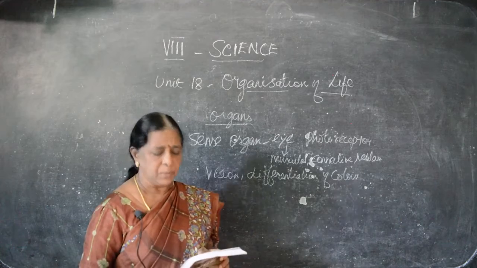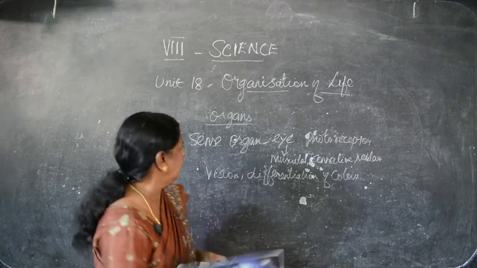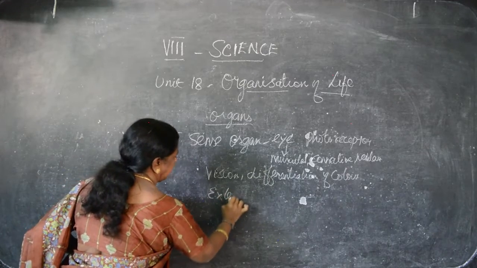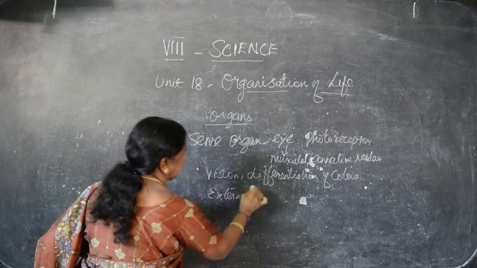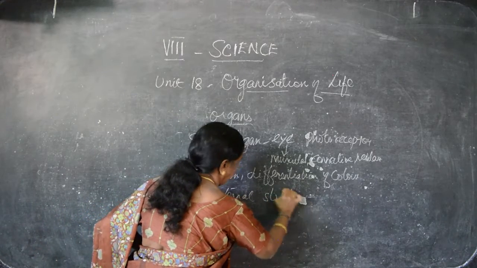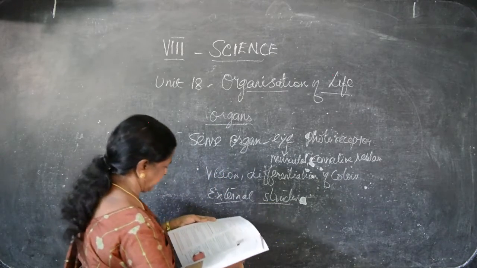Okay, we'll go to the external structure of the eye. What are the parts present in the eye? We have to see the external and internal structure. External means what? Outside. The external structure of the eye. What are the parts present in that?